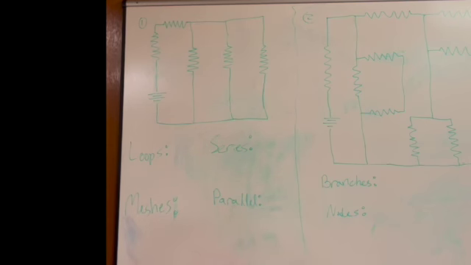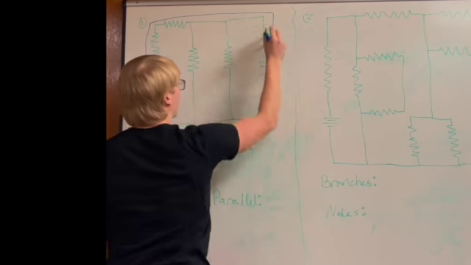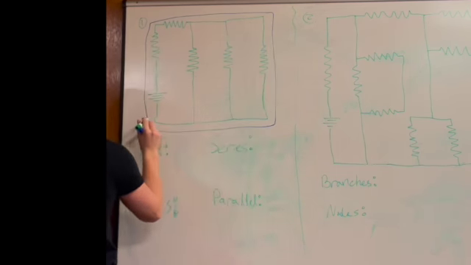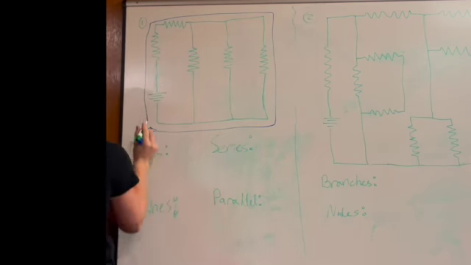So the first loop's the easiest one. It's all the way around this one. From here, follow that path all the way around. That's our first loop.